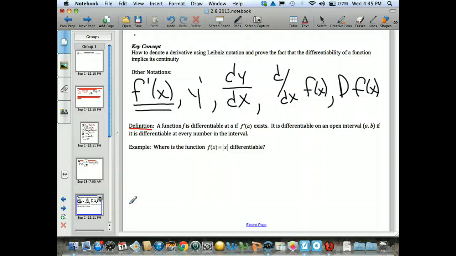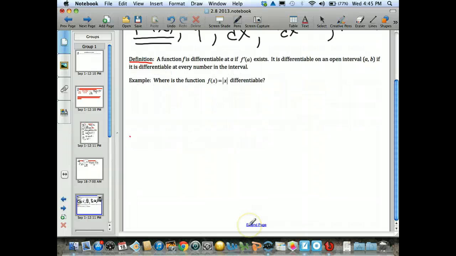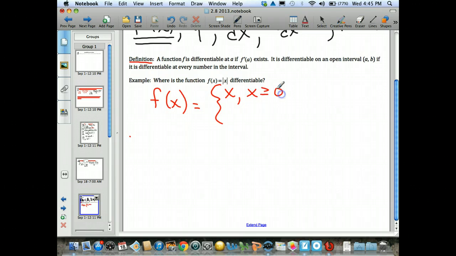So we want to take a look at one of the common functions that we've seen before, and that's absolute value, and see that something interesting happens around 0. So remember from pre-calculus, if you want to write the absolute value function as a piecewise function, we know that this is x as long as x is greater than or equal to 0, and opposite of x when x is less than 0.